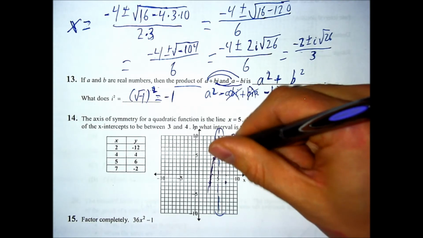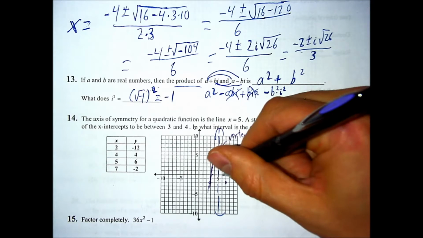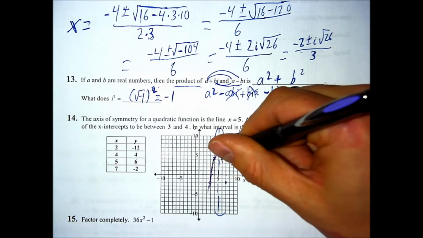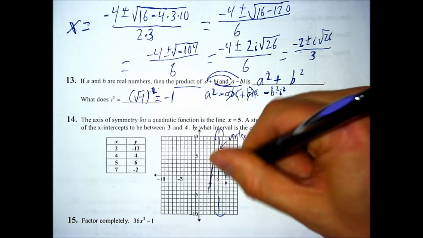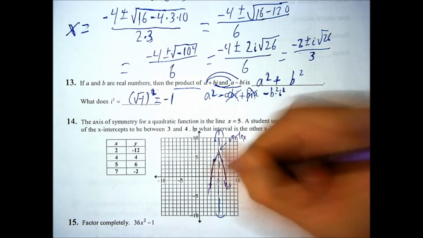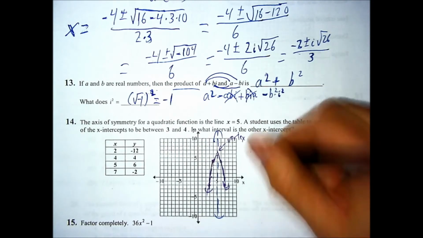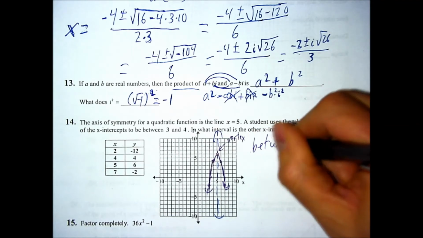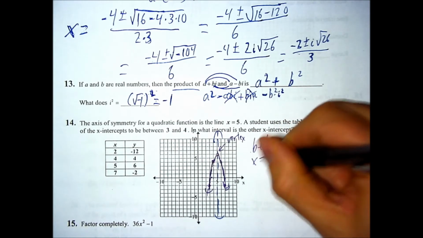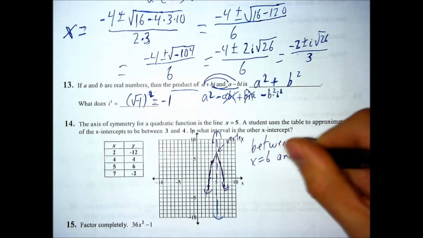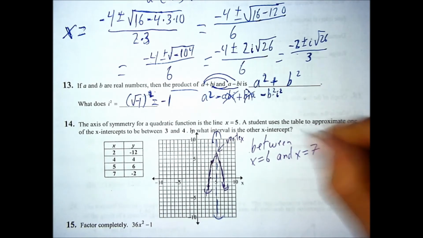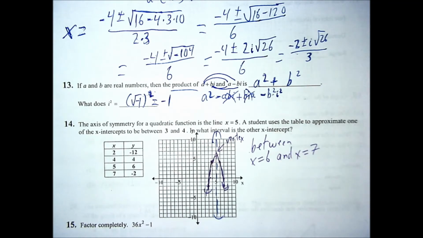Well, when it comes down along the other side, this value is 6 and this value is 7, it's going to cross through the x-axis again between 6 and 7. So my answer here is between 6 and 7. Between x equals 6 and x equals 7 will be the other x-intercept. And again, of course, the y value there would be 0 because it's an x-intercept.